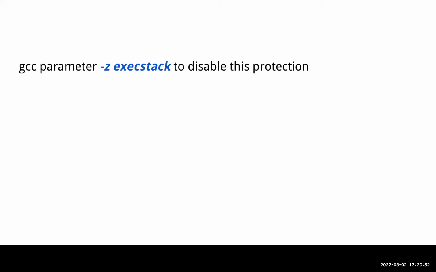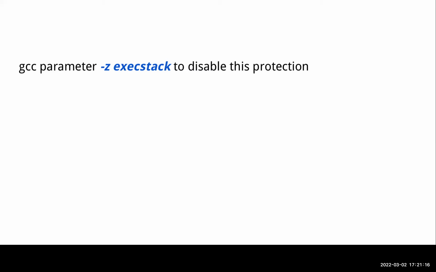So then why, so far, in all the programs we have been using, can we put the shellcode on the stack? That's because when I compiled the programs, I gave GCC a specific option to ask GCC to disable this protection.